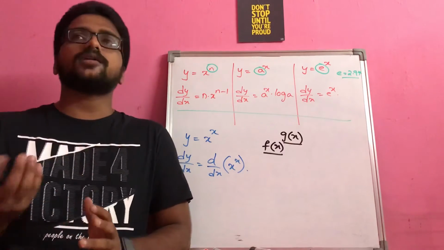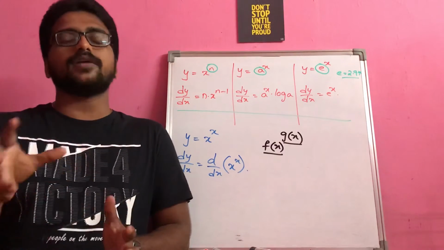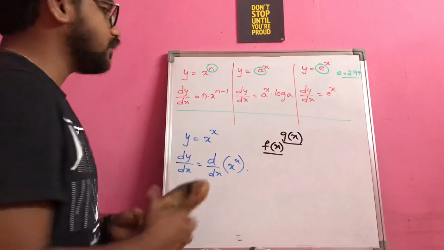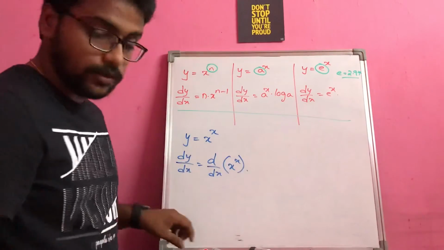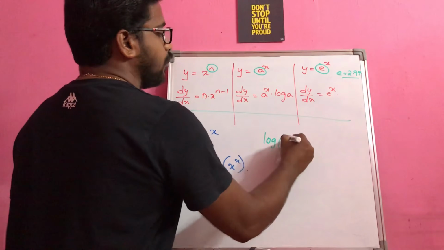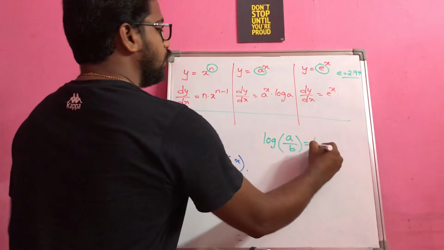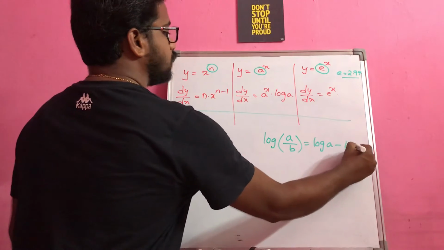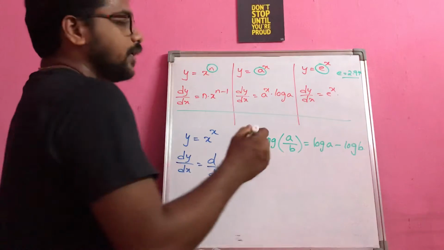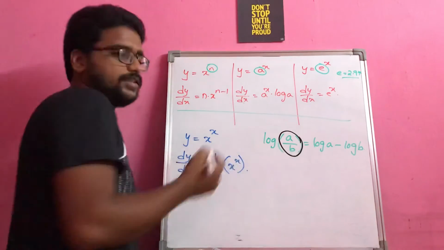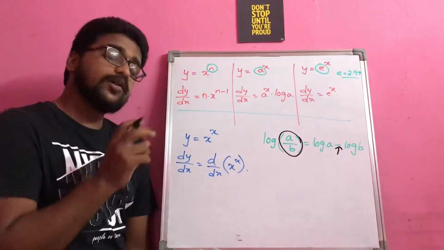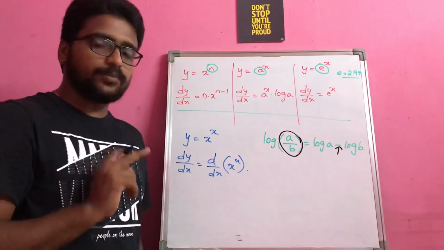Of course there are other applications of logarithmic differentiation as well. The simple example I can tell you is from the properties of logarithm itself. See, for example, if I have logarithm of a by b, we know that this can be written as log a minus log b. So just try to understand what actually happened. If the question is in terms of a division, it is converted into subtraction here. Now the same logic, please think from the differentiation point of view.